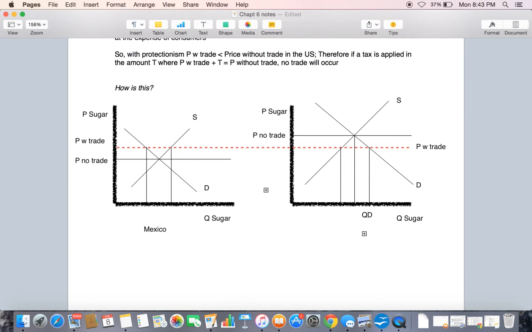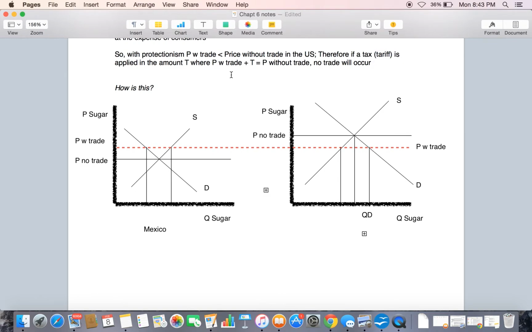the idea here is that if the United States decides that they would like to block the import of sugar from Mexico into the United States, they can apply a tax on sugar, otherwise known as a tariff. And that tariff is the import tax on the sugar.